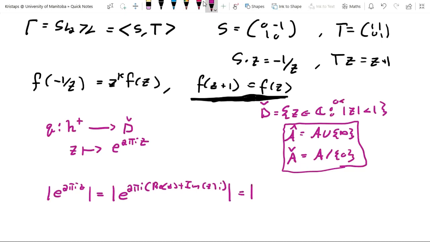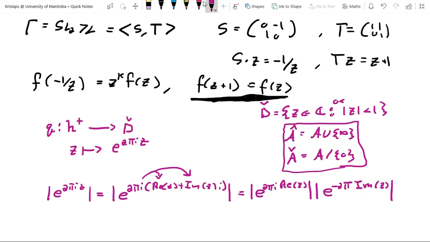So factoring this out, we get that this is e to the 2 pi i multiplied by the real part of z, times e to the negative 2 pi times the imaginary part of z. And since the norm is multiplicative, I can write this as the product of these two norms here.